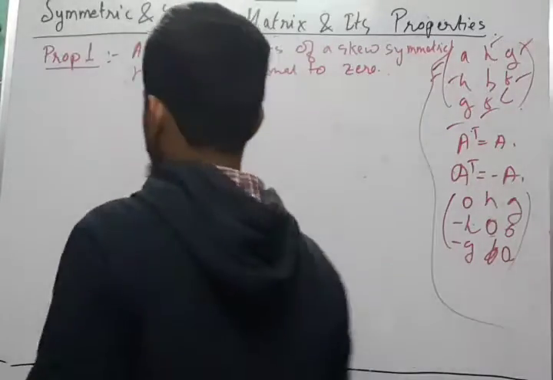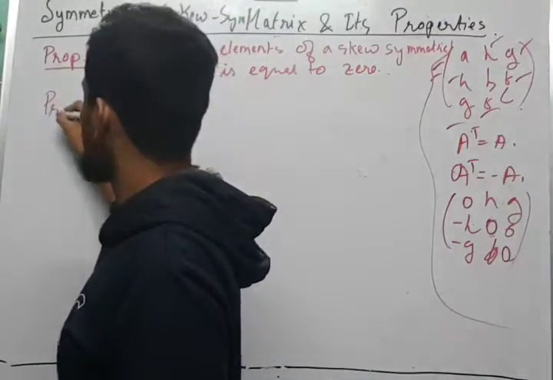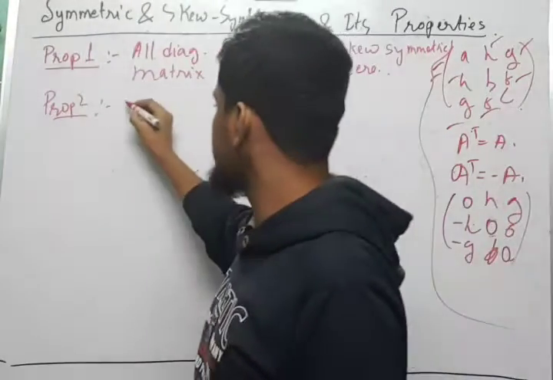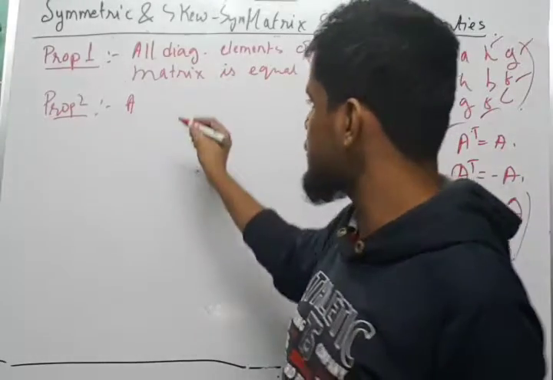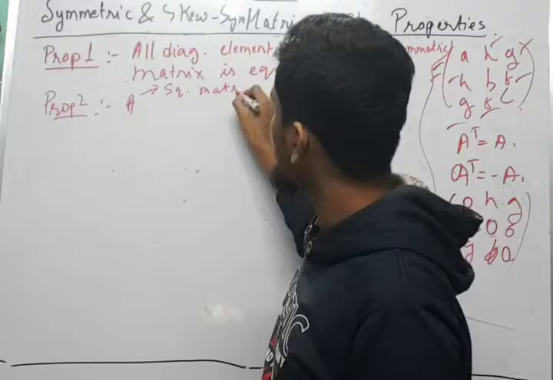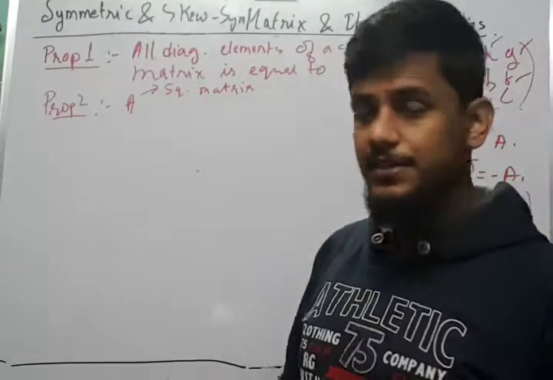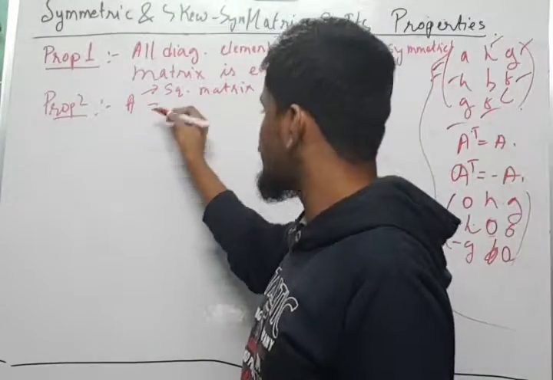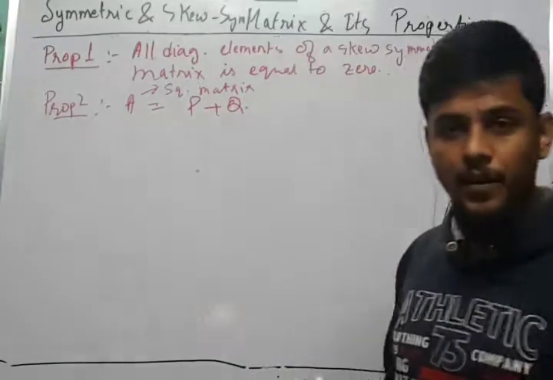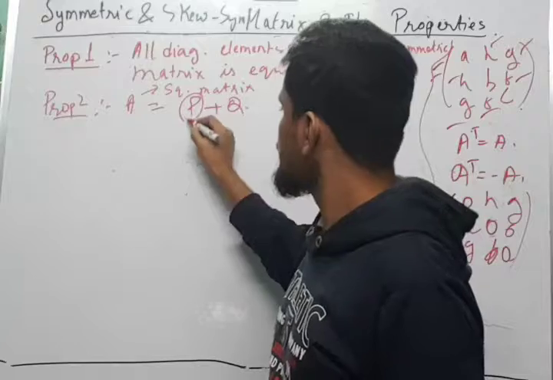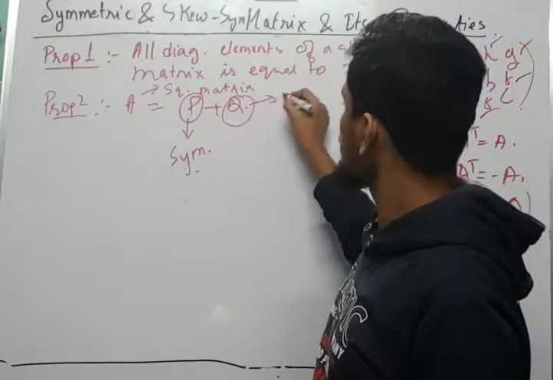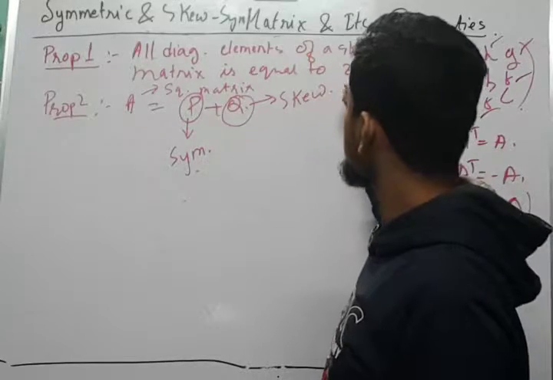The second property that we'll be talking about is property 2. Property 2 says that if we have a matrix A, which is a square matrix, then this matrix A can be written as the sum of two matrices P and Q, where P is a symmetric matrix and Q is a skew symmetric matrix.